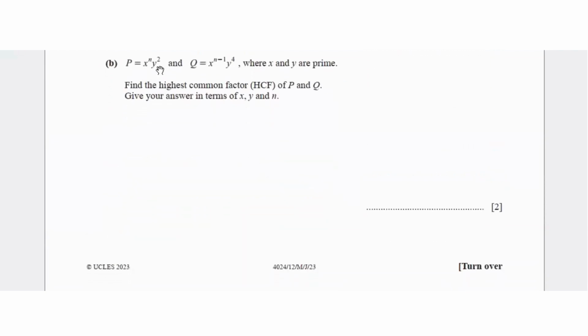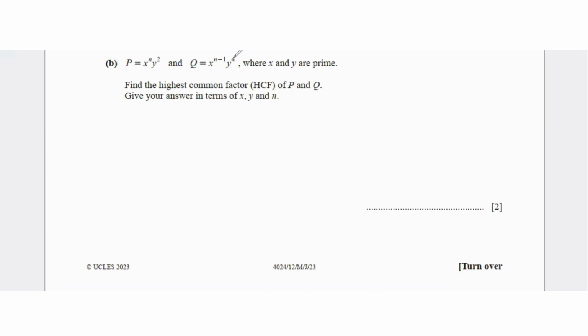Part B says P equals x to the power of n times y squared, and Q equals x to the power of n minus 1 times y to the power of 4, where x and y are prime. Find the highest common factor of P and Q and give your answer in terms of x, y, and n. Highest common factor is the lowest power that is common between each of these.